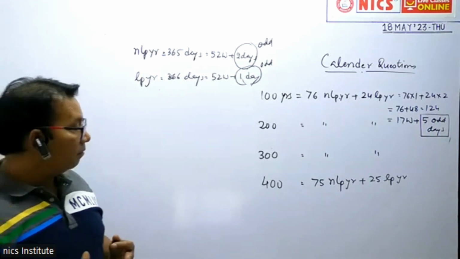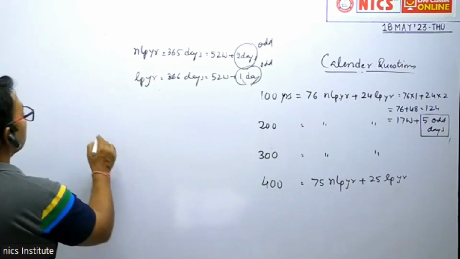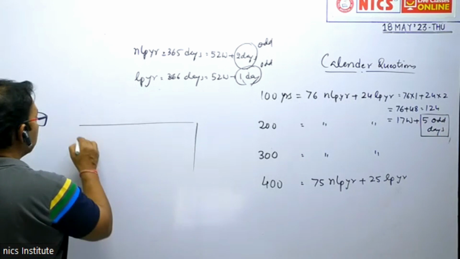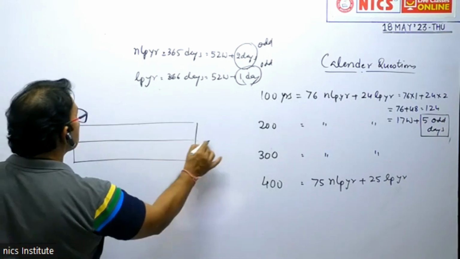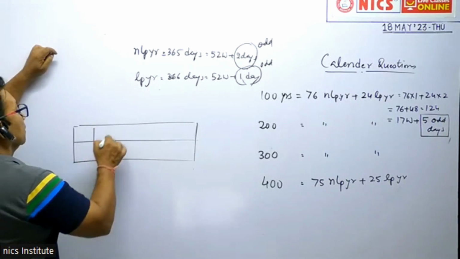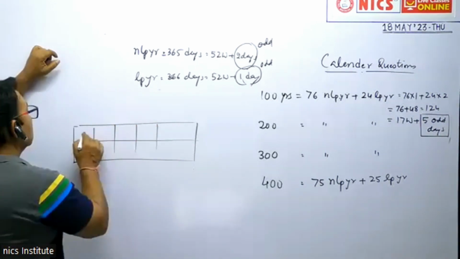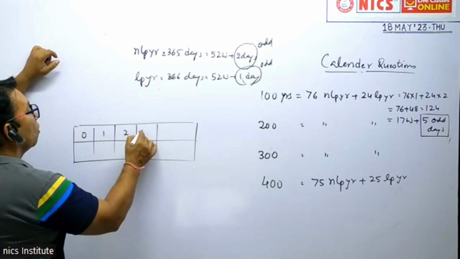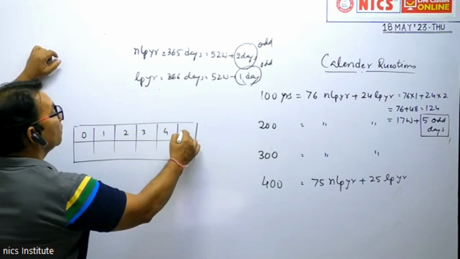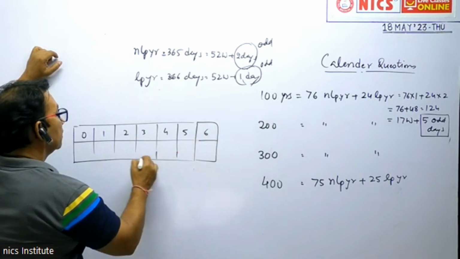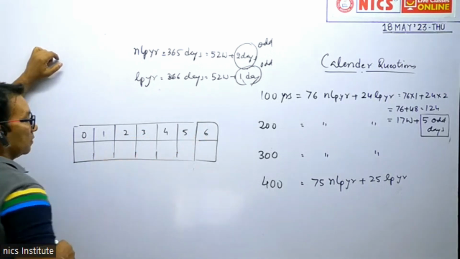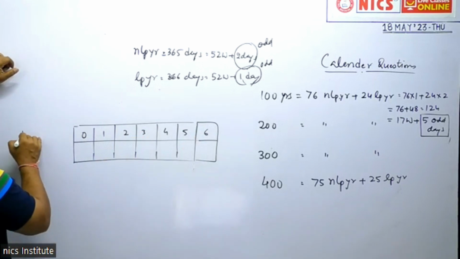Now, there's a table by which you can know if odd days are 0, what will be the day? If odd days are 1, what will be the day? It is like this: 0 odd days, 1 odd day, 2 odd days, 3 odd days, 4, 5, and 6. Because the moment it's 7, we'll say 1 week is complete, so it will be 0 odd days.